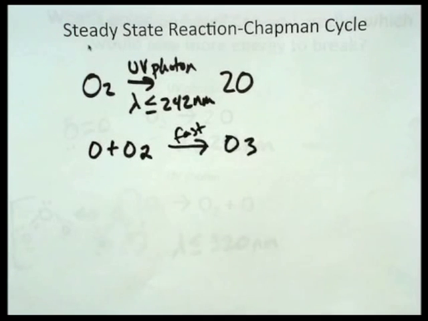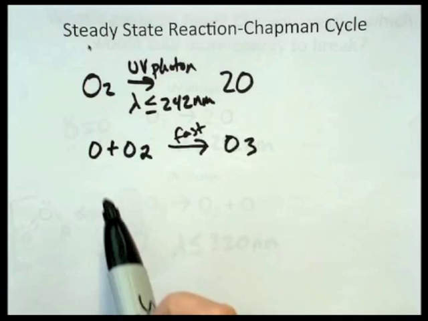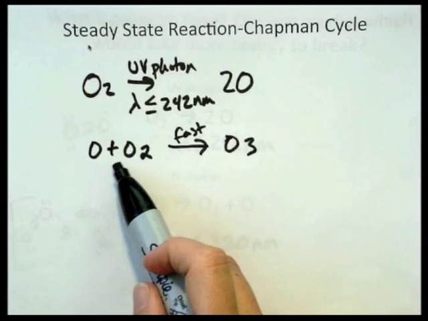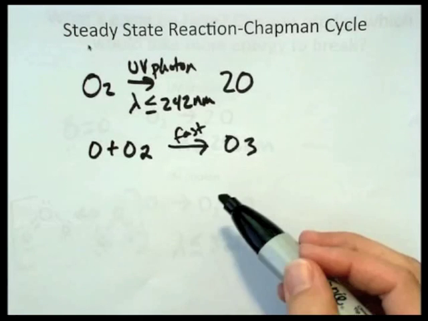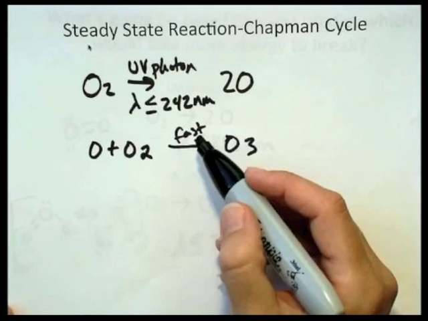And remember, when we were talking early on about where ozone comes from in the stratosphere, we said ozone can be formed when oxygen is in the presence of high energy. This is how the oxygen is split apart, and the individual oxygen atom then reacts with another oxygen molecule to give ozone. So in the presence of high energy, this reaction occurs, and that gives us ozone in the stratosphere. And this is a fast reaction.